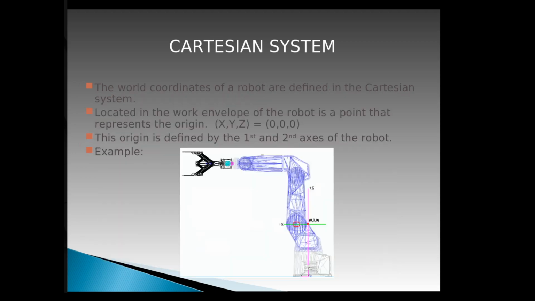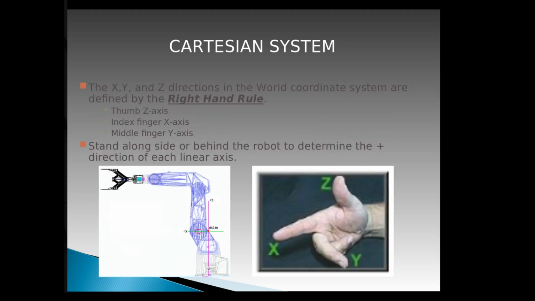And that's kind of what this previous slide is showing here. For a FANUC style robot, you have axis 1 down here at the base and axis 2, and where those cross, that's where the origin for that Cartesian coordinate system is. Okay? And then you use the right hand rule to determine X, Y, and Z directions based on that origin point.